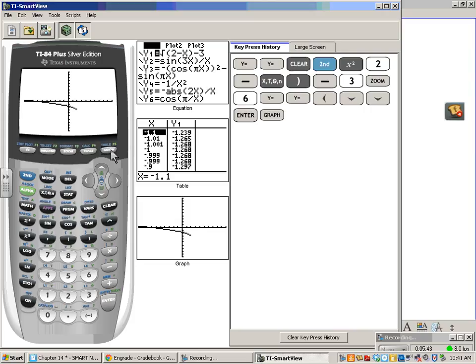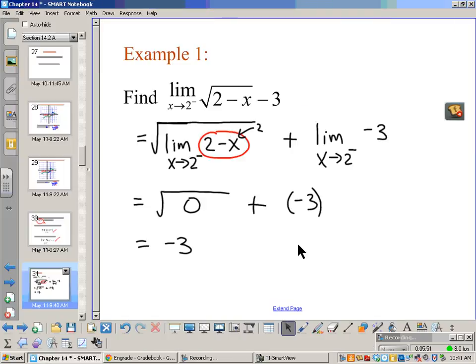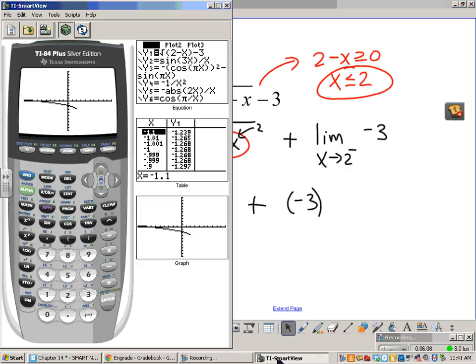Here we see our graph, and you notice our domain. We should know, since you have the square root, that what's inside your radicand, 2 minus x, has to be greater than or equal to 0, telling us that x has to be less than or equal to 2. So this is our domain here, and when you go back to the graph, you see that the domain of x is less than or equal to 2, because it starts at 2 and then moves to the left.